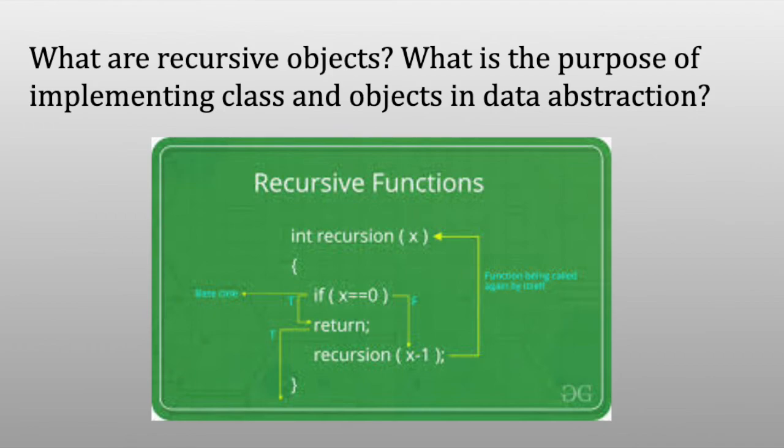That also further proves that objects can have other objects as attribute values. The purpose of the implementation of class and objects in data abstraction is that class and objects can be represented using functions and dictionaries, and they do not require a specific programming language.